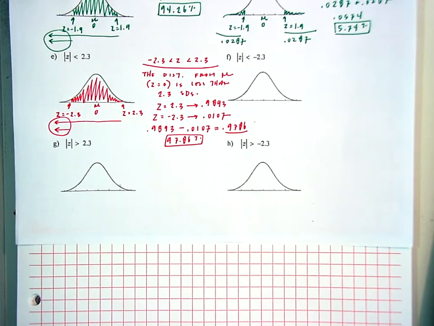All right, the next one here, absolute value of z, magnitude, right, is less than negative 2.3. Well, can I have a distance that's less than something negative? That doesn't make a whole lot of sense to me. And if I go back to just this concept of absolute value, can I have a number that is being forced positive, right?